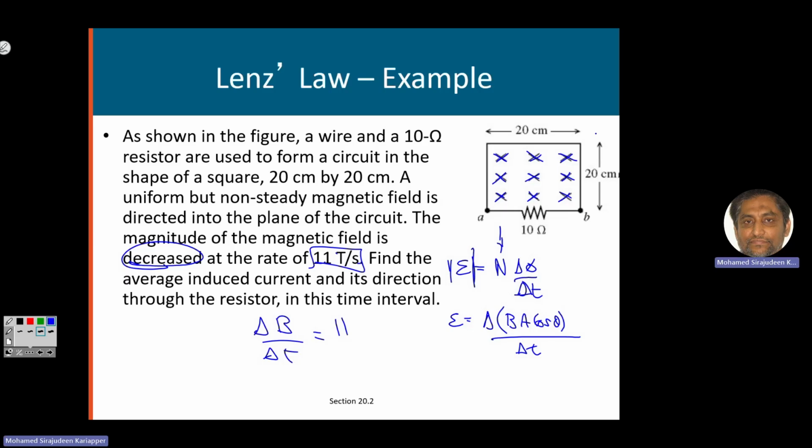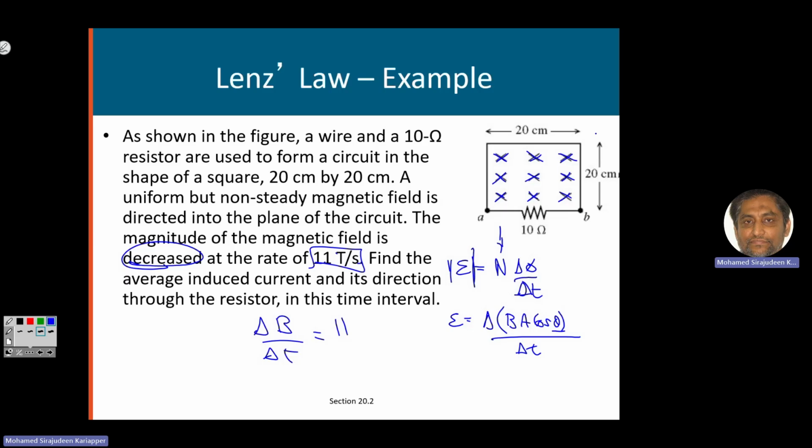Is A changing? No. It's the same loop. A is not changing. Is theta changing? What is theta, first of all? Angle between what and what? Between the perpendicular to the plane and the magnetic field.